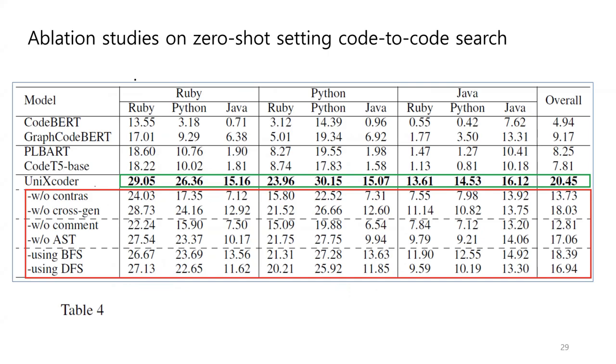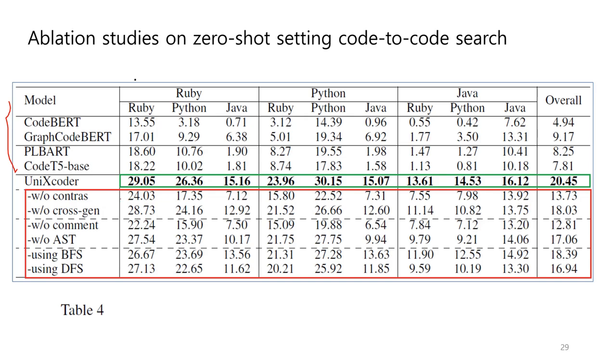The same goes for the zero-shot setting code-to-code search. The UniXcoder in this setting is outperforming all the existing models. In the case of ablation study also, whenever we use contrastive learning, cross-modal generation, when we leverage comments and ASTs, we do have good results, extremely high in comparison to the existing models, as well as in comparing with the ablation study results.